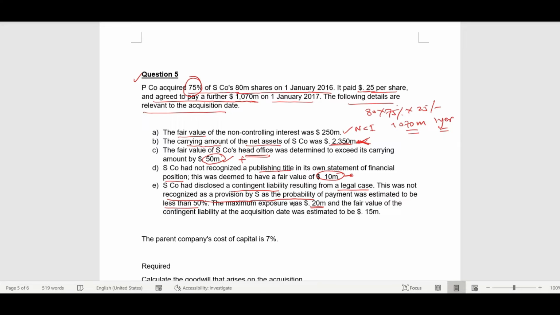The fair value of the contingent liability at the acquisition date was estimated to be 15 million. So this has to be accounted for. However, you have to account for the fair value of the liability, not the actual exposure of 20 million. The parent company's cost of capital is 7%.